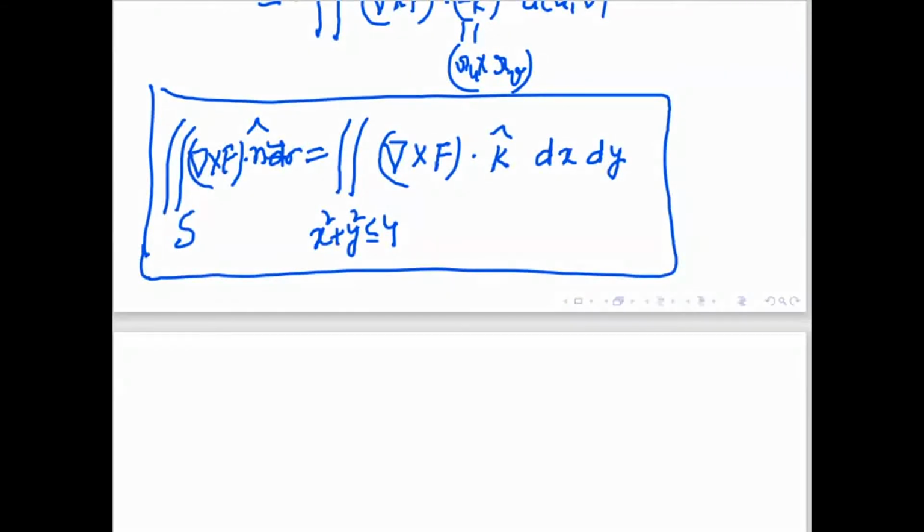So whatever I did till now, you can directly write this in the exam also. Like, the surface integral over the cone is the same as this double integral over the circle. And in this double integral the normal is in the upward direction, that is k cap, dx dy, and based on x square plus y square less than 4, apply the limit, you will get the answer.